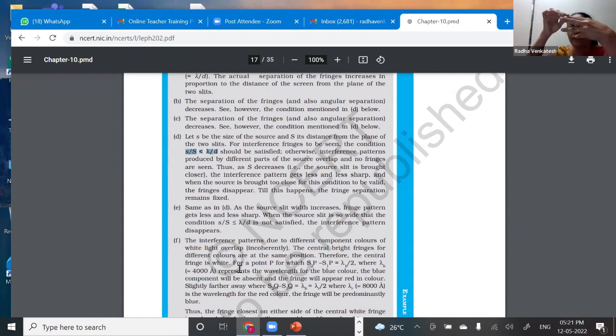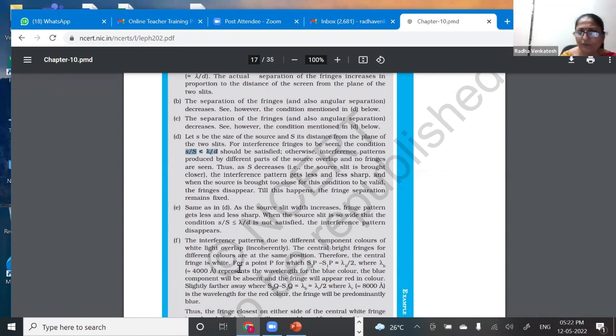So what will be the fringe above? What color will it be above and immediately below this? What color do you think it will be? Violet. Why violet? See, even in the question only blue color is given. Why has he left out violet?